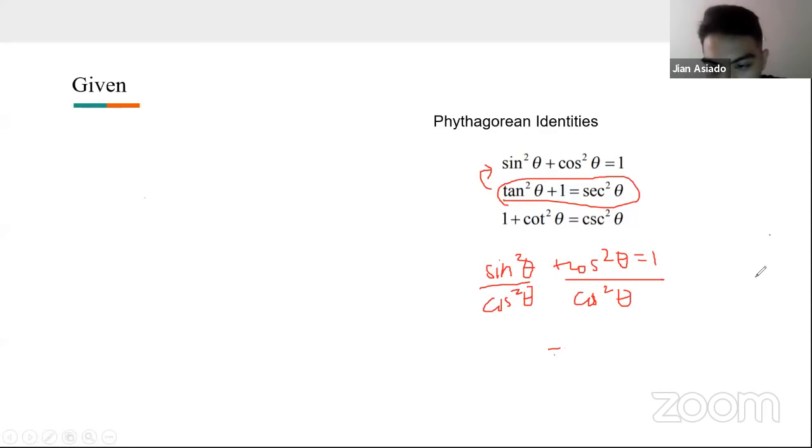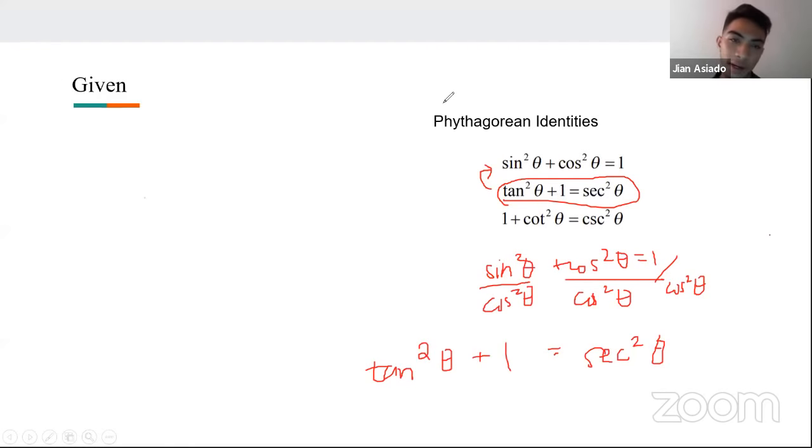Tapos we get ito din yung dulo kasama yung 1, cosine squared theta. So 1 over cosine squared theta is secant squared theta. Tapos sine over cosine, so that's tangent. Tapos si cosine over cosine is just 1. So ayan, kuha na natin.